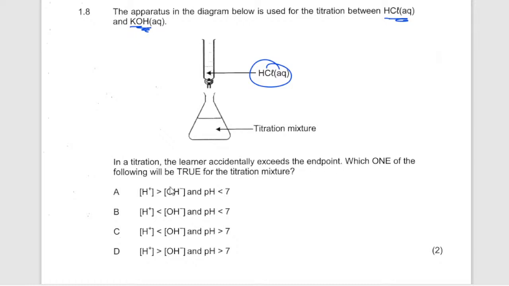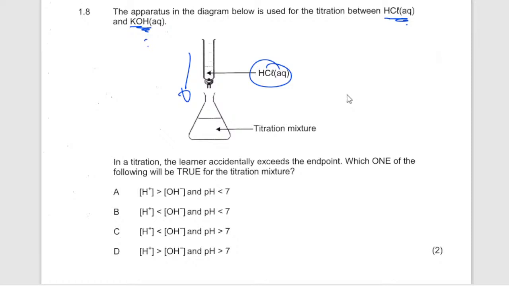Which one of the following will be true for the titration mixture? Both of them are strong acid and strong base, so we expect the pH to be at least 7. But now the learner accidentally exceeded. Remember, you have hydrochloric acid, you are pouring it into the base, you're not having the other way around.